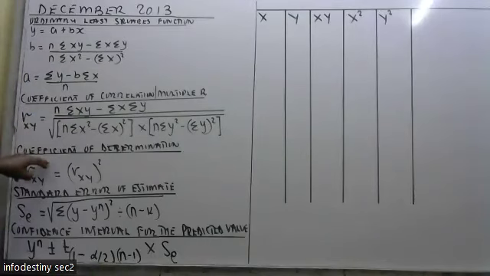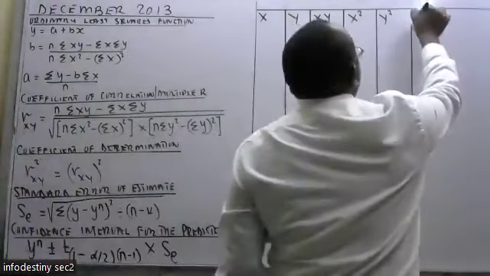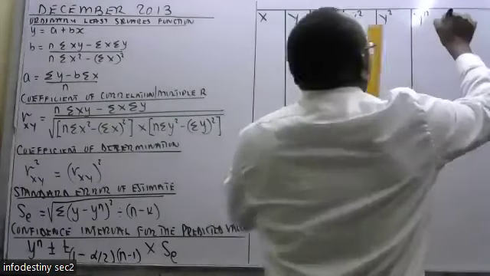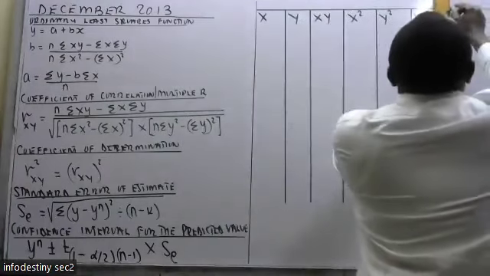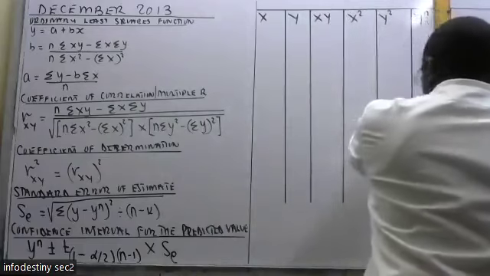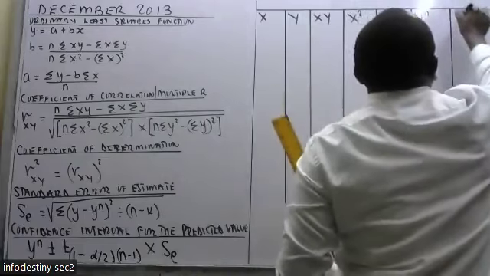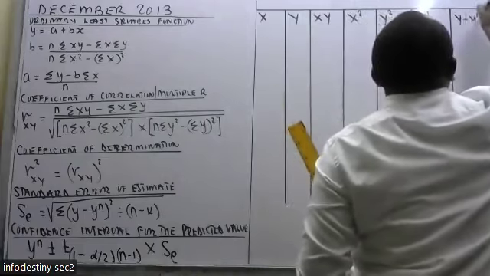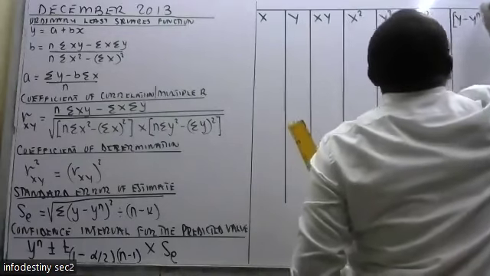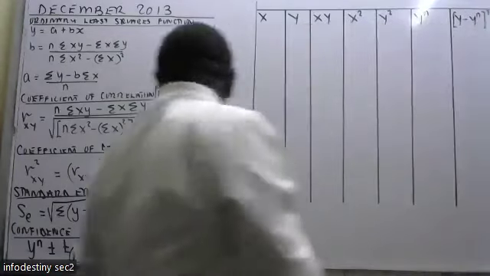We will require to have this one. So we must have the Y predicted. Then we have Y minus Y predicted, squared.